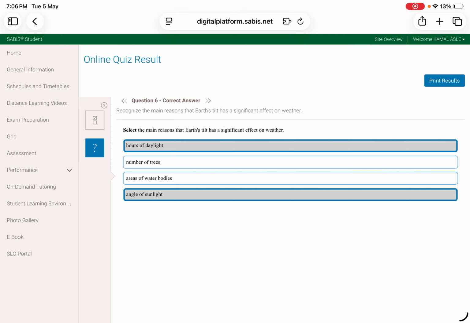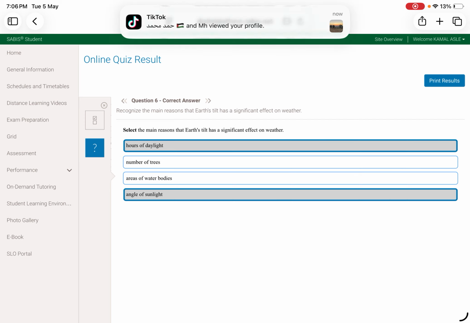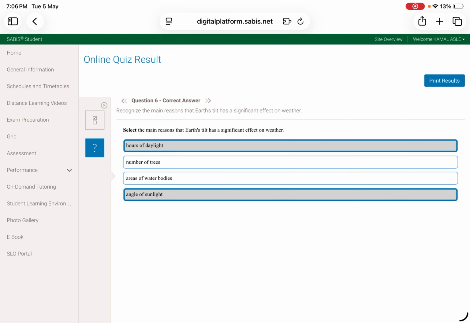Number 1 is correct, the hours of daylight, because when the hemisphere tilts towards the sun, you get longer days, meaning more time for the sun to heat the surface. And when it's tilted away, days are shorter, which is less heating. This is an important reason that seasons exist. And then the second one, number of trees, does not matter, because trees affect local climate, not global seasonal changes.